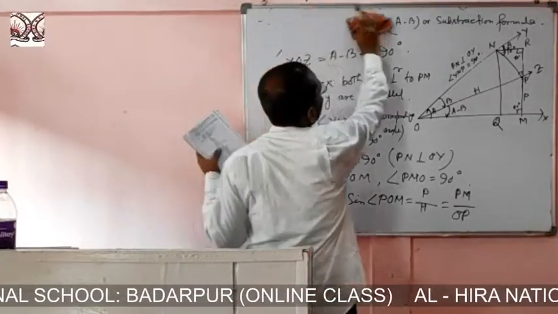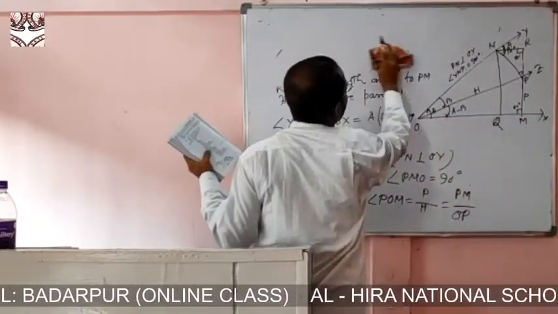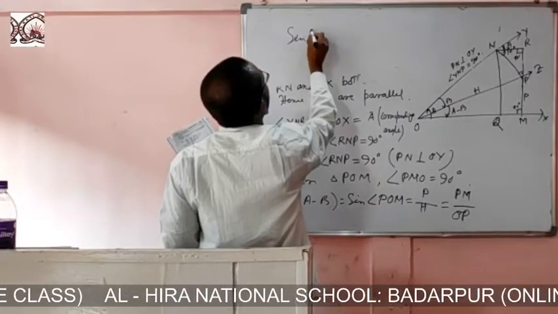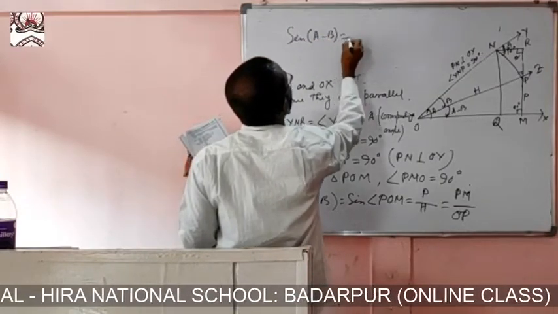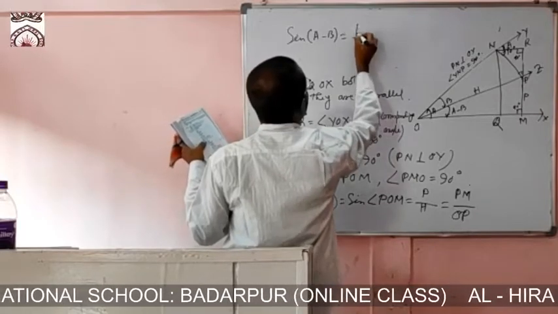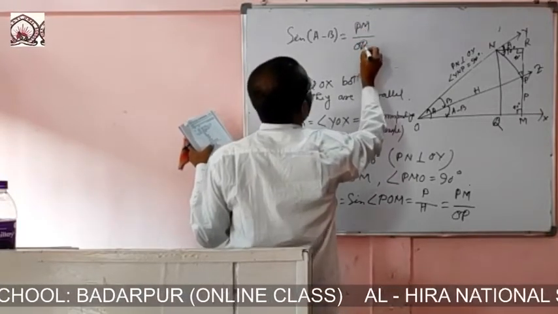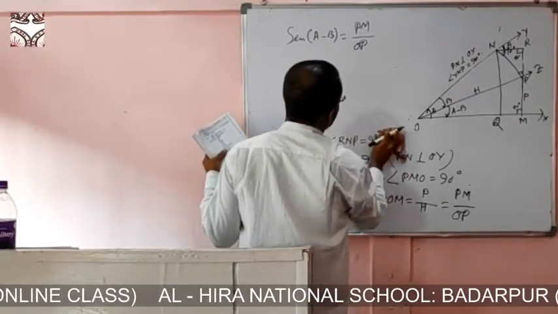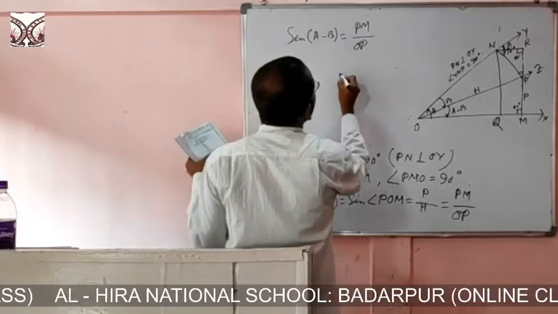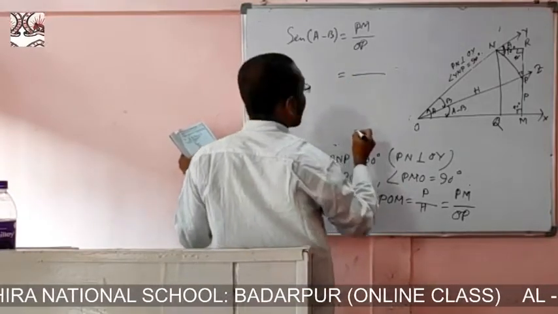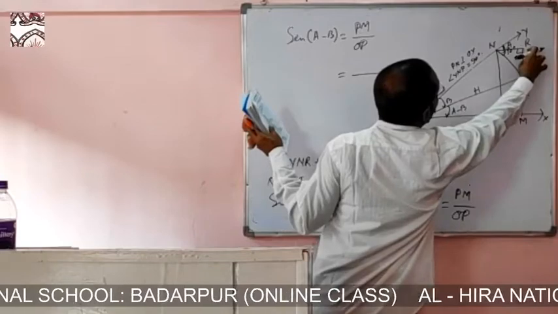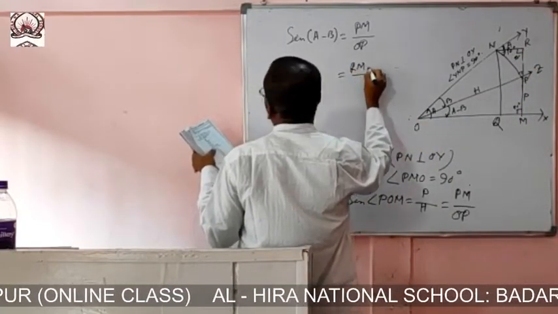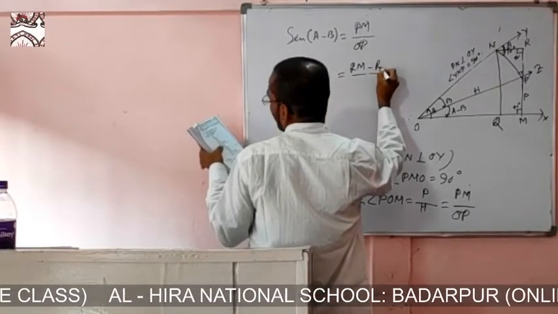Sine A minus B is PM by OP. Now, you see from the figure, PM will be RM minus RP.